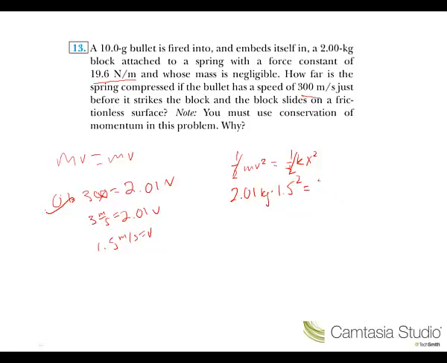Whoops, 19.6. And we're going to solve for x squared. So 1.5 squared is 2.25 times 2 is 4.5 equals 19.6 x squared. We'll divide by 20, so it's 0.225 equals x squared. Square rooted.